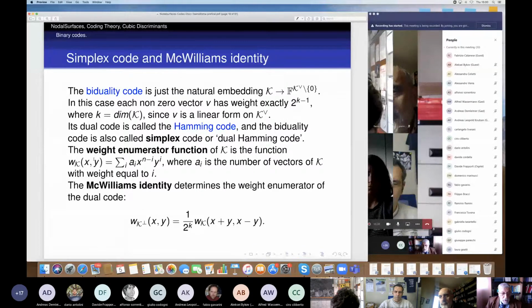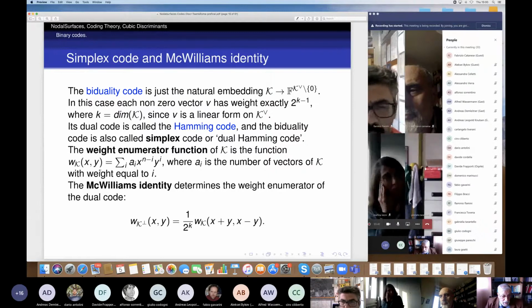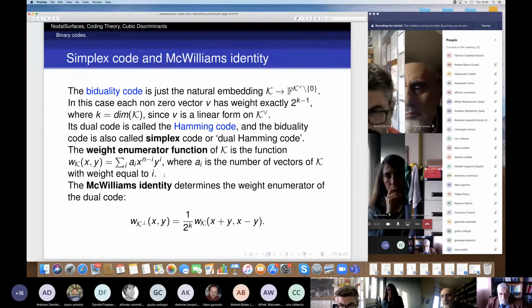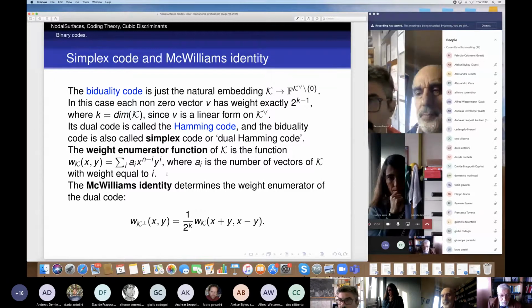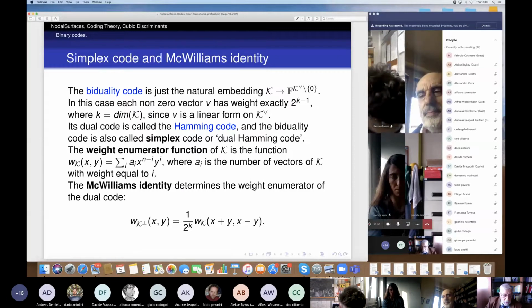And now to a code, one associates a polynomial, the weight enumerator function. You take a polynomial with coefficients the number of vectors of K with weight equal to i. And the fundamental discovery of MacWilliams, the MacWilliams identity, determines the relation between the weight enumerator of the code and the weight enumerator of the dual code.